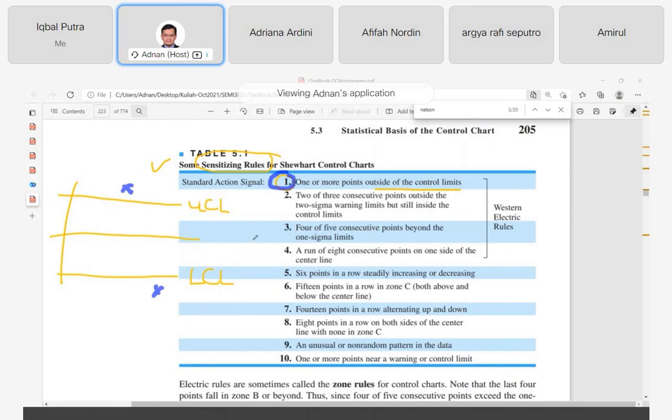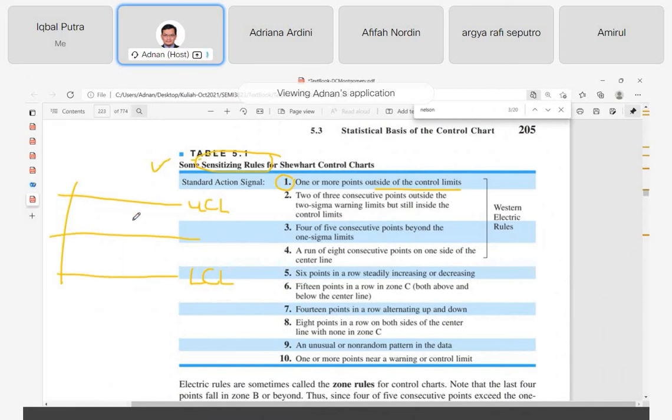But actually there are more rules, which consider points inside. Before this, I said a pattern can also be used to identify unnatural variation. We can also use runs rule when the points are inside the limits, to see unnatural variation.